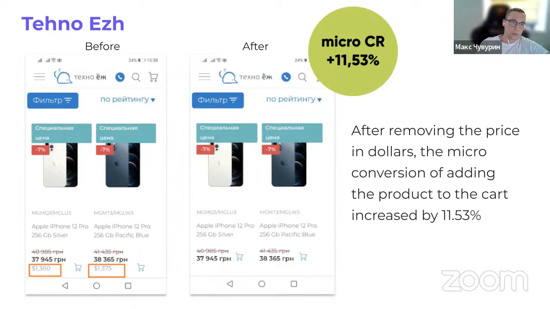So we came up with the hypothesis that if users see the price in dollars, which is a foreign currency for Ukrainians, that could scare them because the amount could seem really expensive. But after removing the price in dollars and keeping only the price in hryvnias, the micro conversion of adding the product to the cart increased by more than 11%.